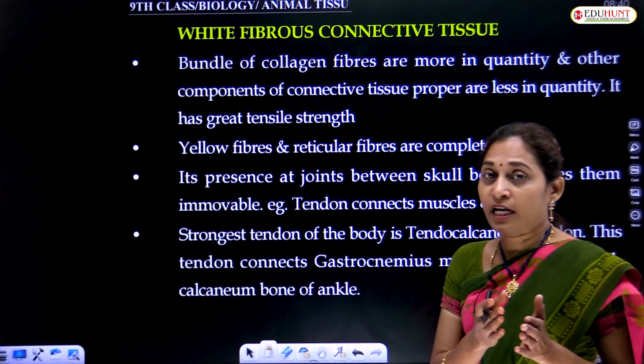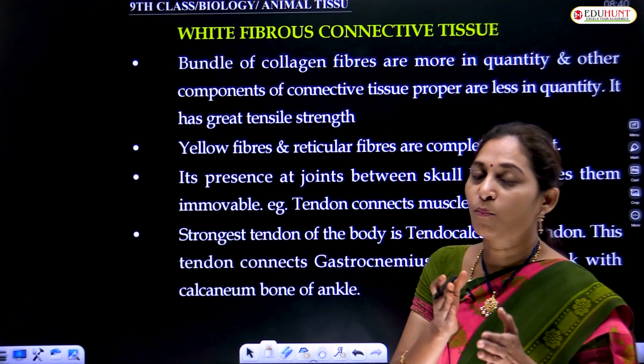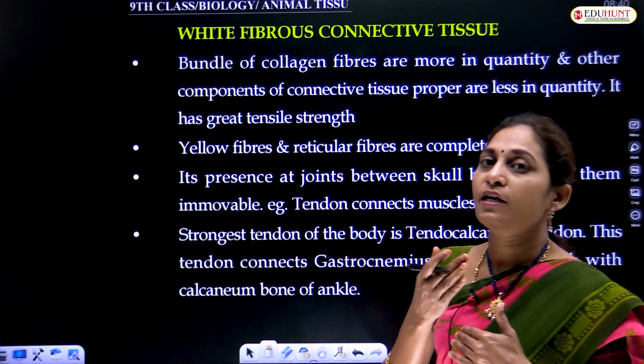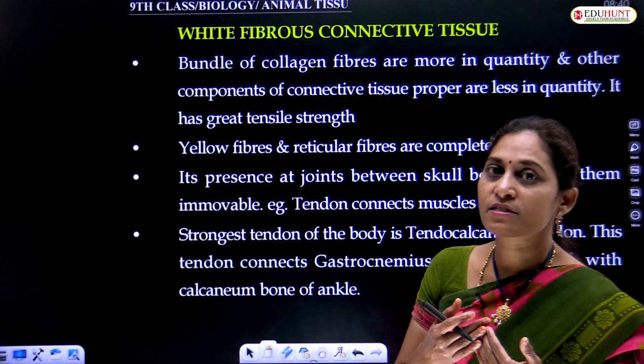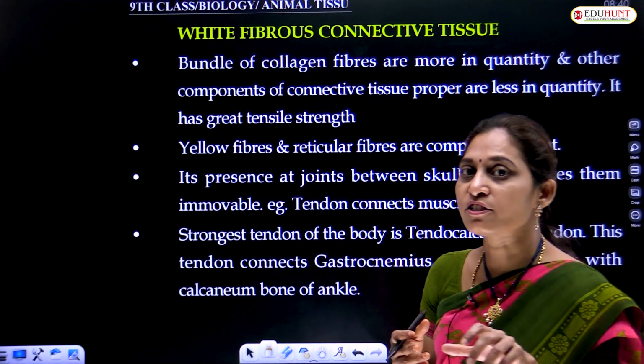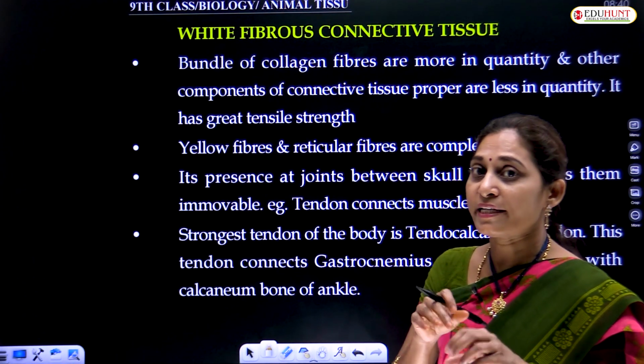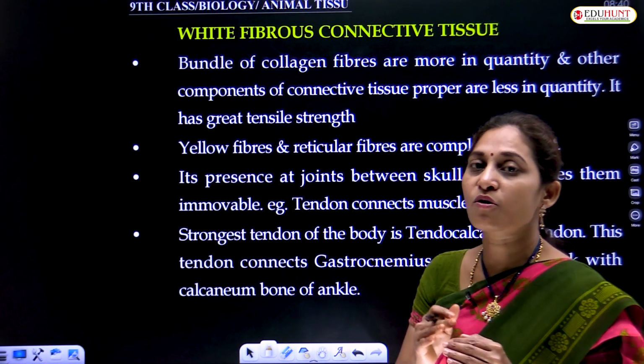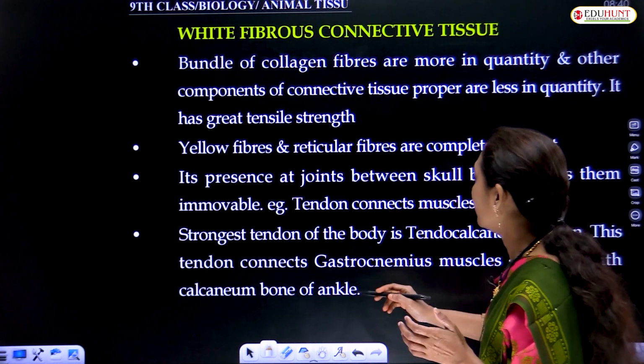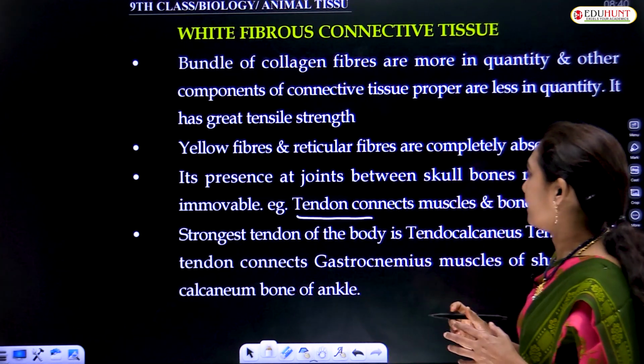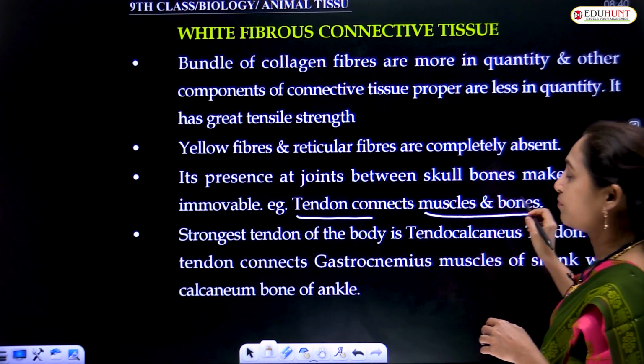అలాగే the connection between a bone and a muscle is known as tendon. The connective tissue that attaches the bone to the muscle is known as the tendon, and this is the tendon that connects muscles and bones.